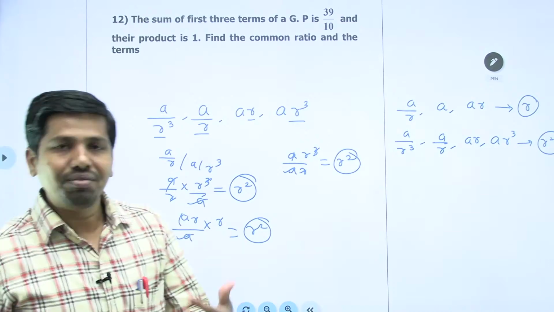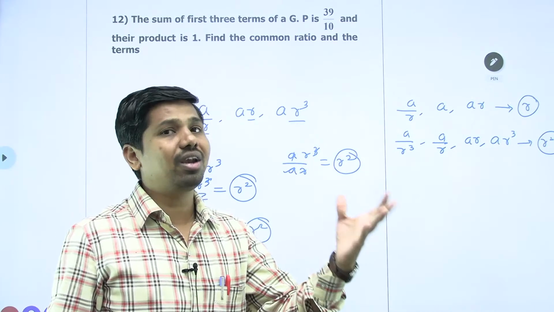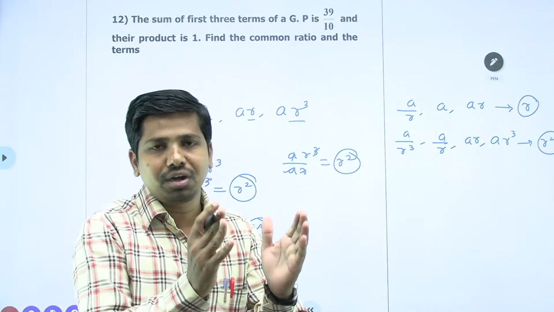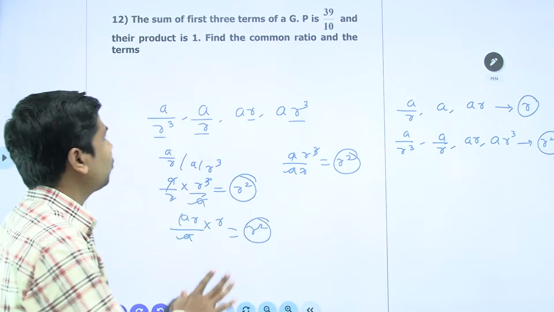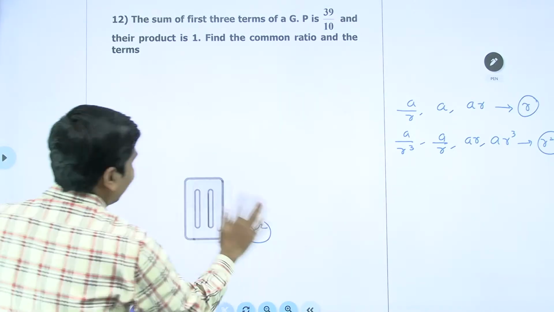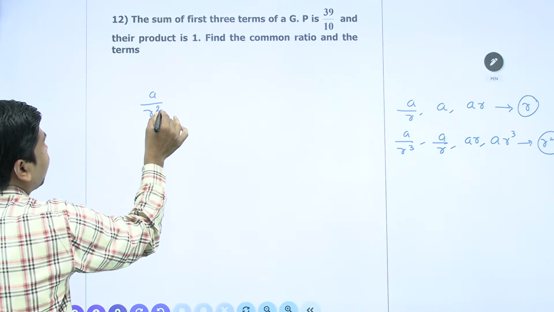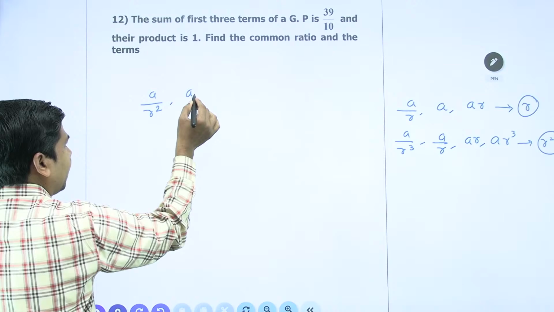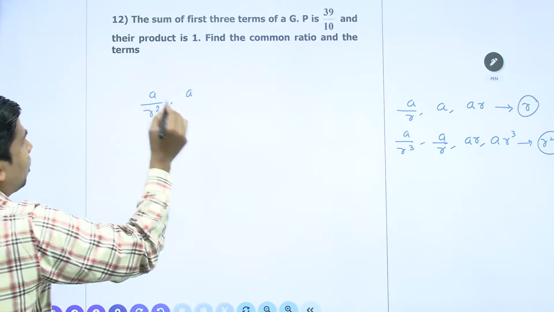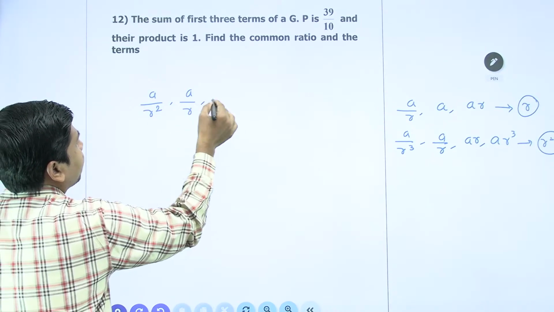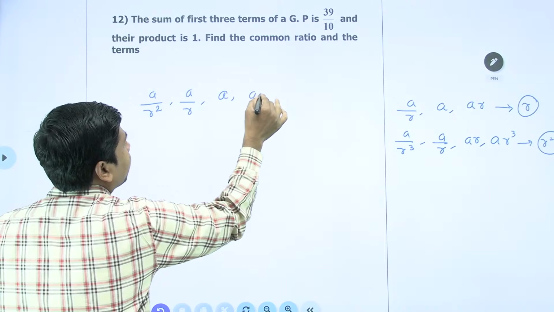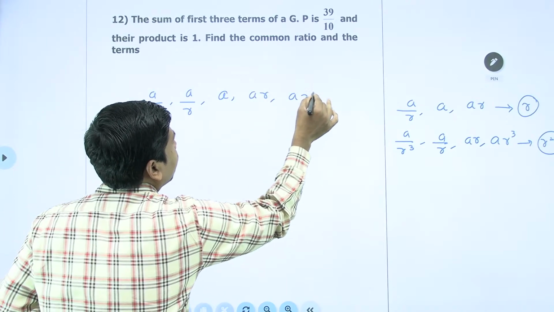If five terms are given and the product of those five terms is also given, in that case those five terms have to be taken as A by R square, A by R, A, AR, AR square.